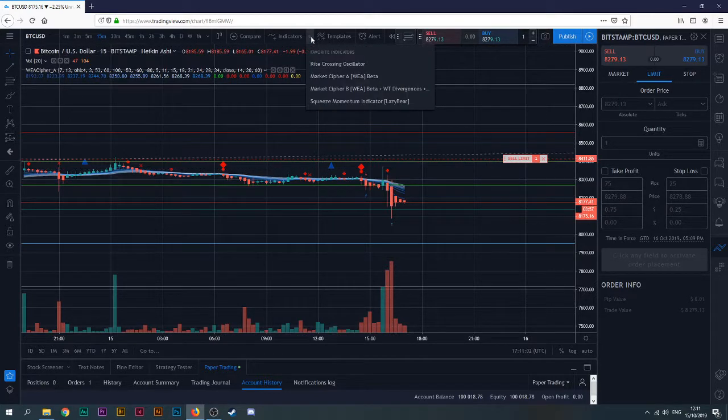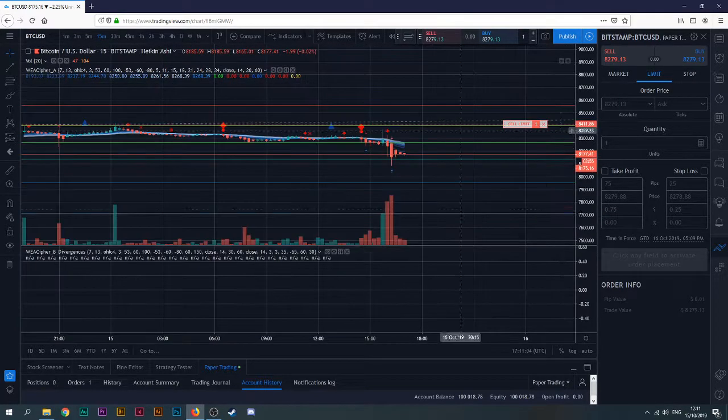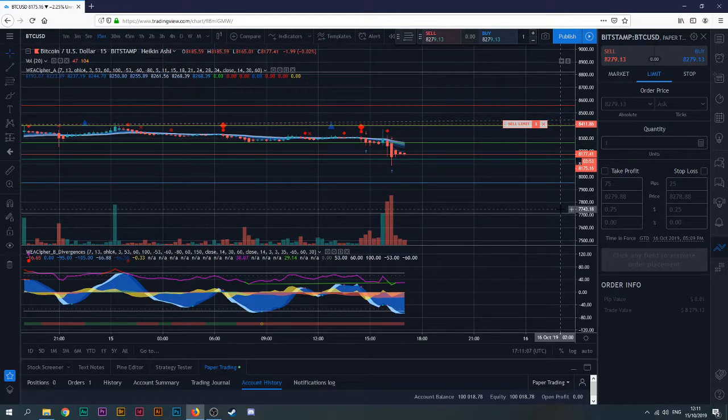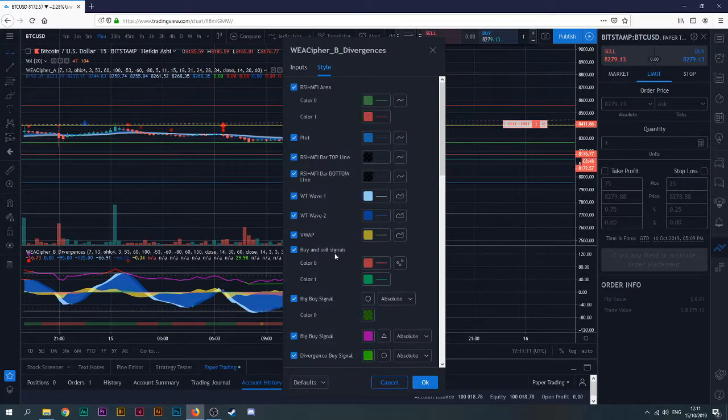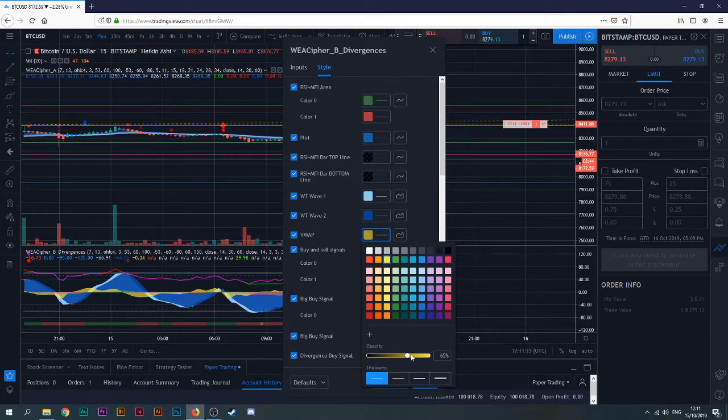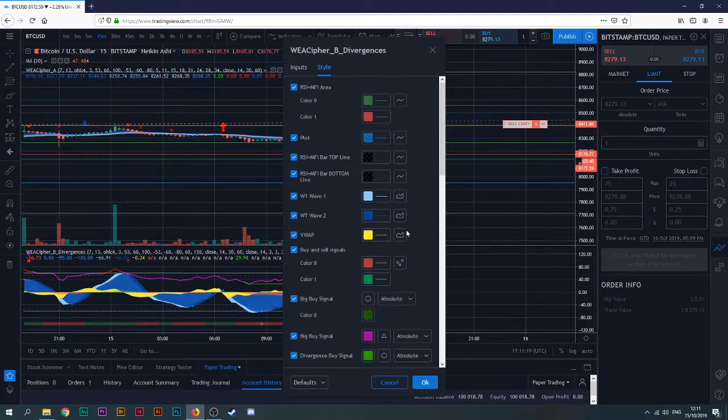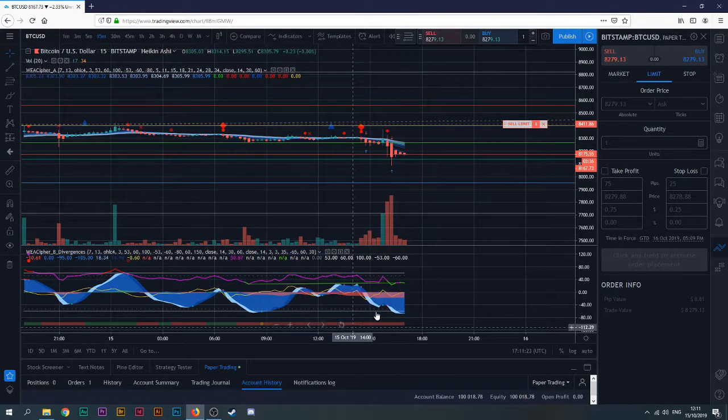Let's look at the Market Cipher B. Boom. So I go up to settings. It's the VWAP. I change it to bright yellow. And then I change this to a line. So now you see this yellow line. This is 0.